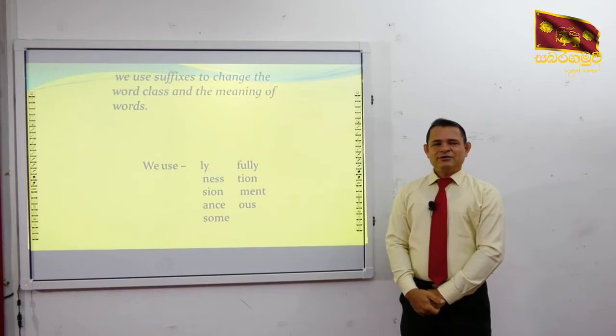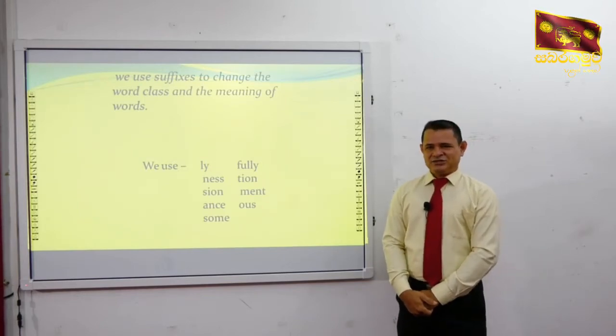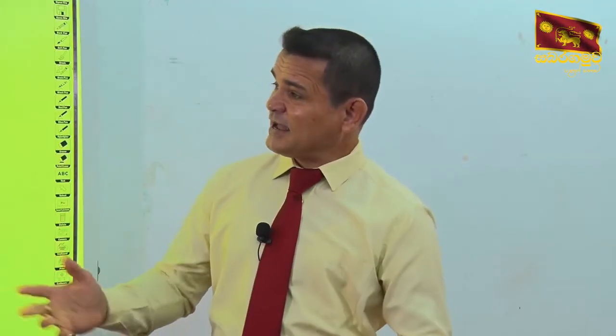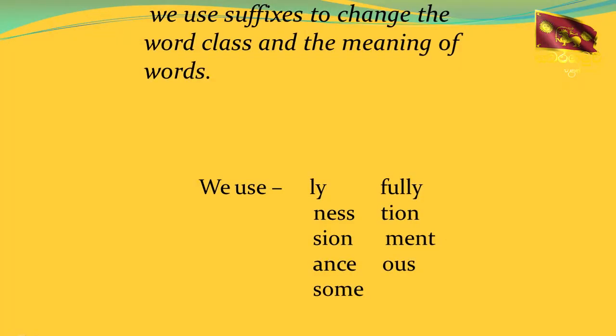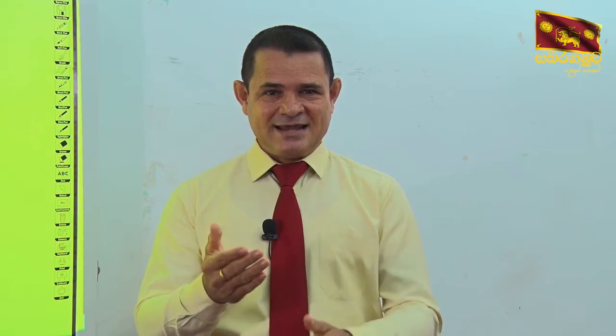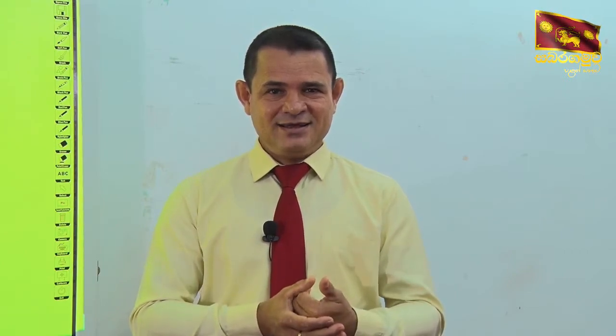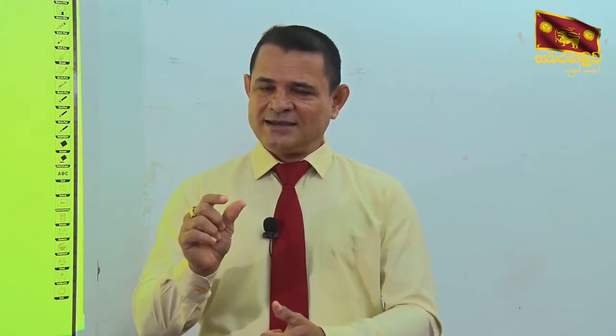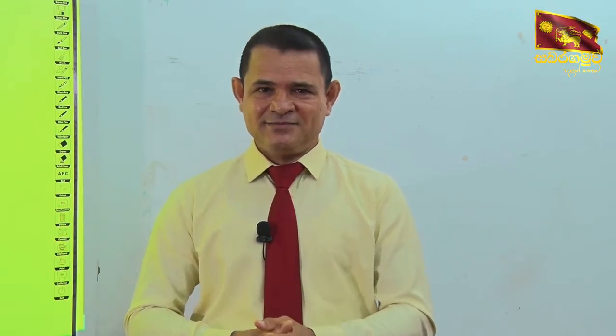And I'll give you another important message that is also talking about adjectives. We use suffixes to change the word class and the meaning of words. You have learnt in previous grades prefixes and suffixes, one or two or three letters adding at the beginning of a word, and also a few letters adding at the end of the word.